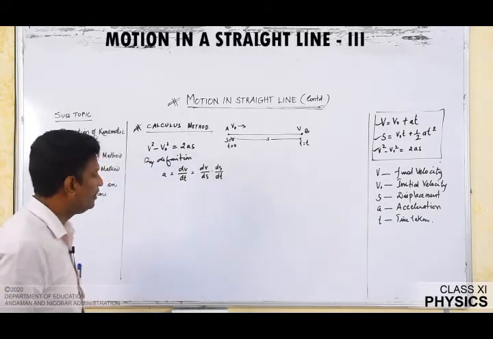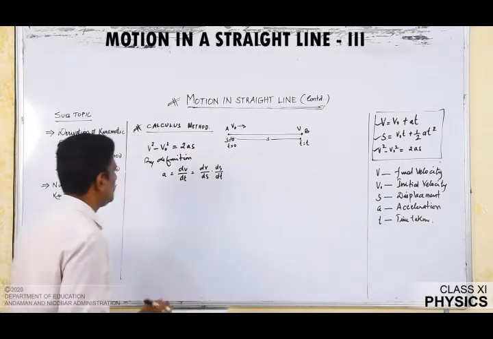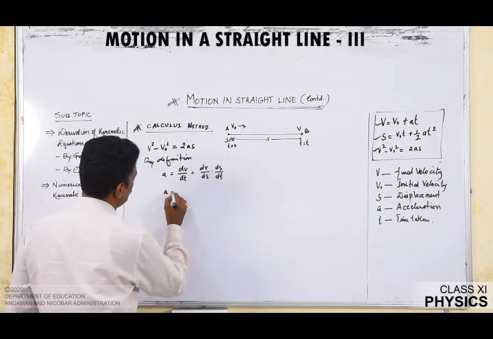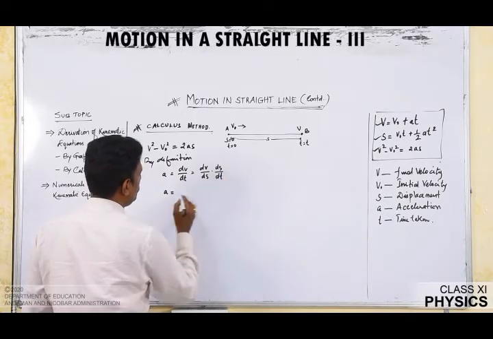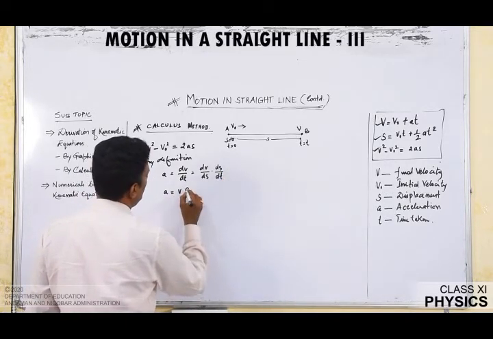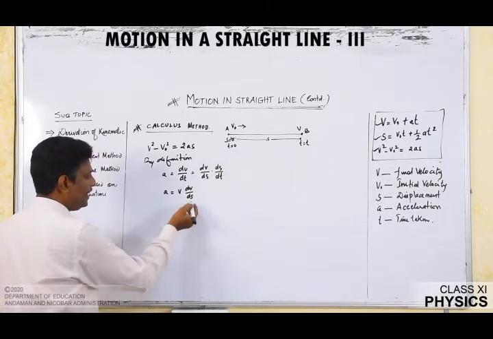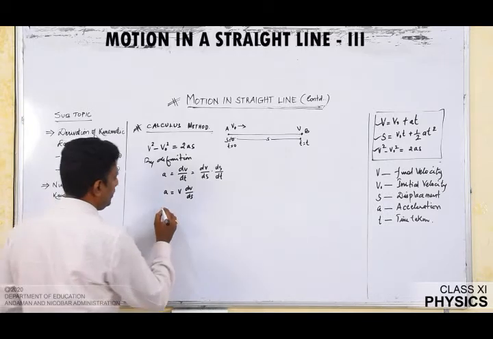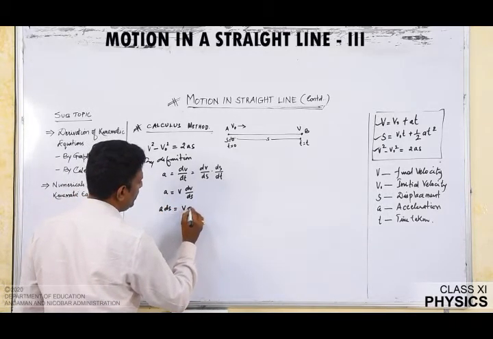That is mathematical rearrangement in order to arrive at the required expression. So, A can be written as, we know that ds by dt is V, so V dV by ds. Further, bringing this ds here, it can be written A ds is equal to V dV.